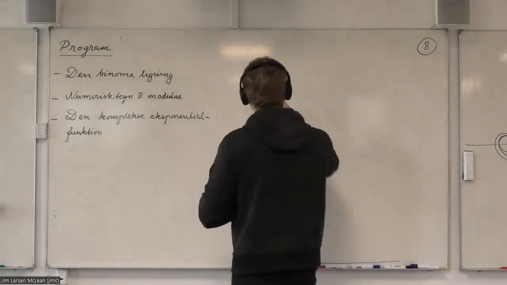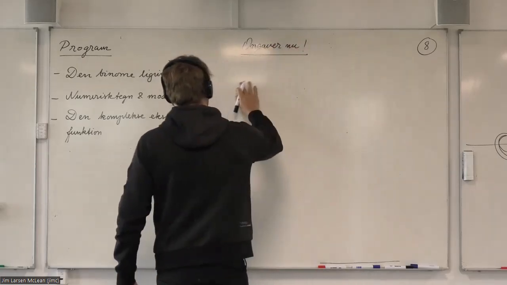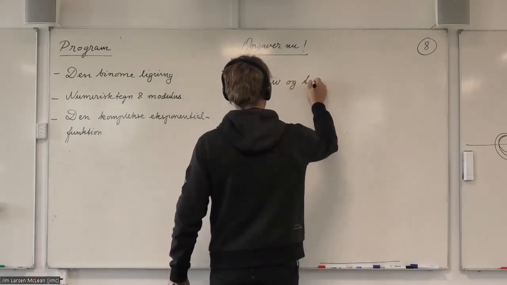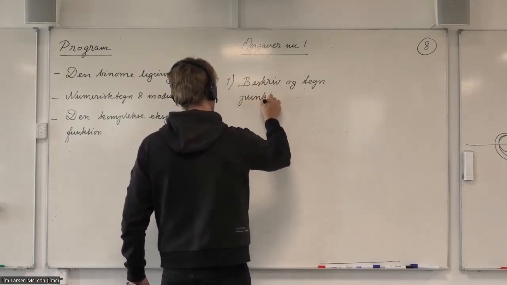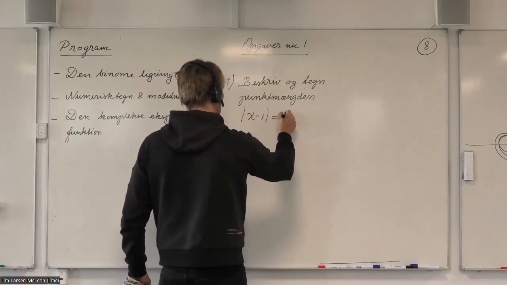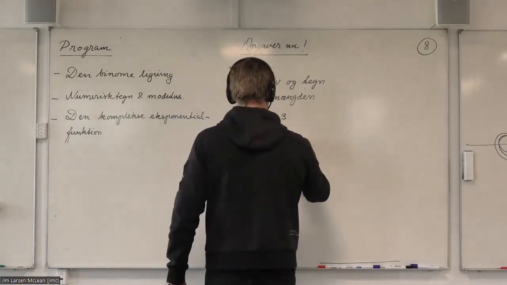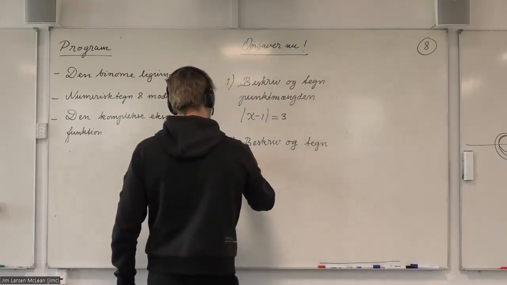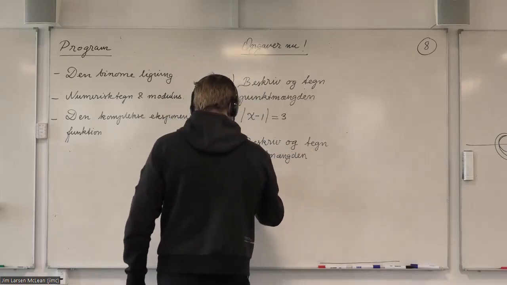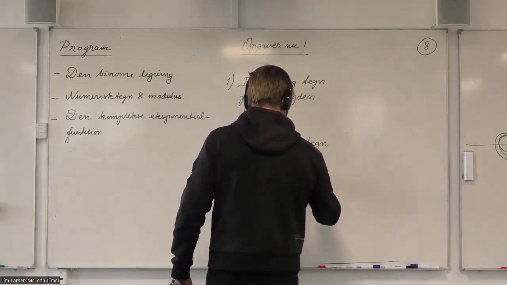So try to see if you can figure out these 2 tasks here. Describe and draw the set of points z where the modulus of z minus 1 along with 3... We're writing the set. The modulus of z plus 2 minus 3i.